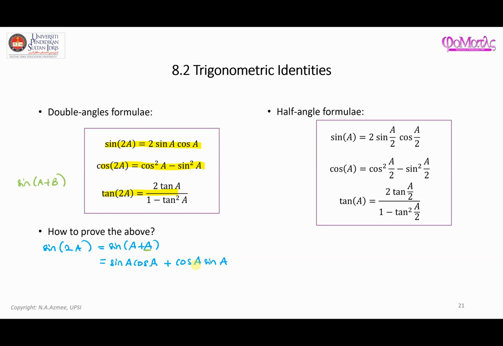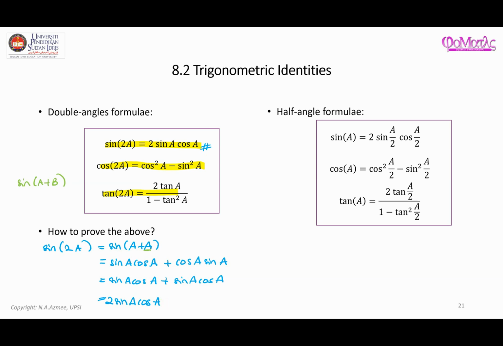So sine A cos A plus cos A sine A. You can rearrange this term: sine A cos A is the same thing as cos A sine A. Now, because the term here is the same term, you can add up these two. So it becomes 2 sine A cos A. So this is what is given here.